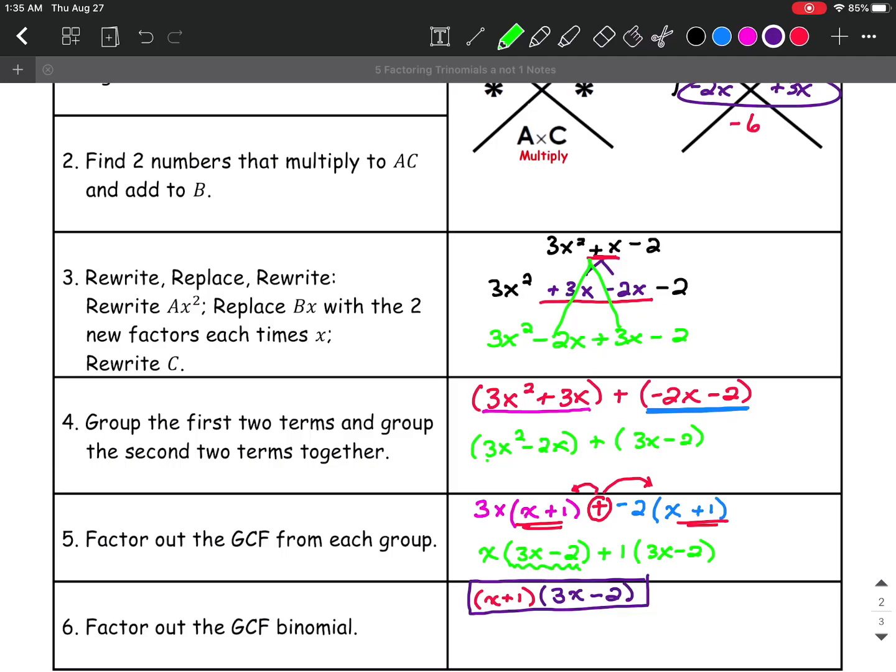Before the addition sign, I have a 3x minus 2, and after it, I have a 3x minus 2. So I'm going to factor that out, and what's left? I'm left with an x plus 1. Are these the same answers? Yes, they are, because multiplication is commutative. It does not matter which one I write first. Okay, so those are the two methods.